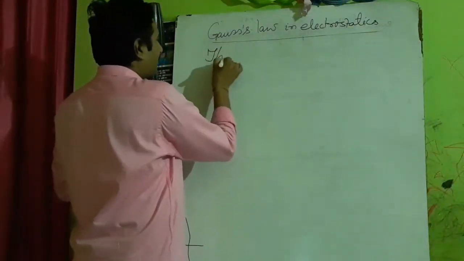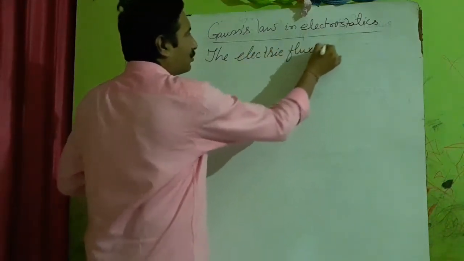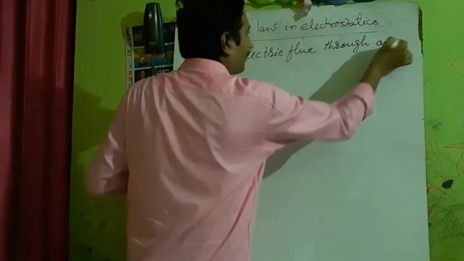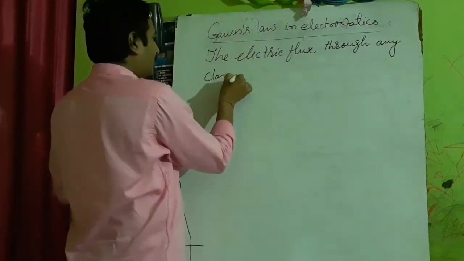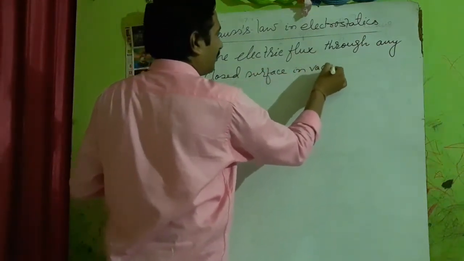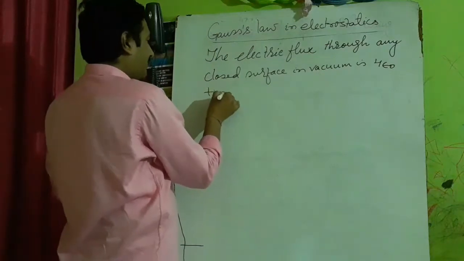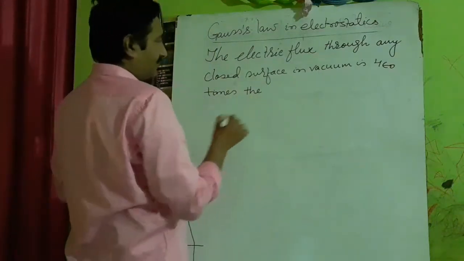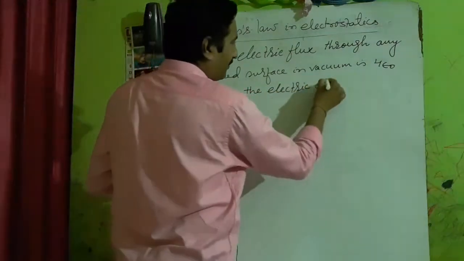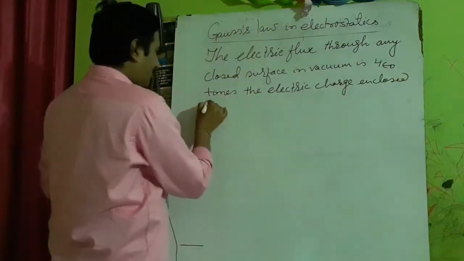So let us discuss its statement. The electric flux through any closed surface in vacuum is 1 by epsilon naught times the electric charge enclosed by it.